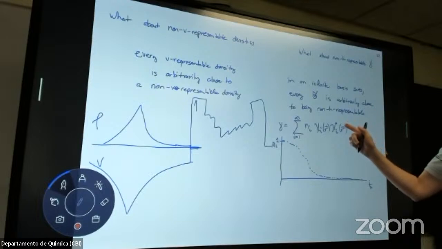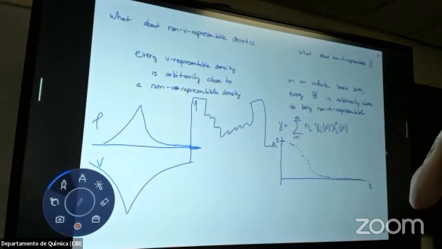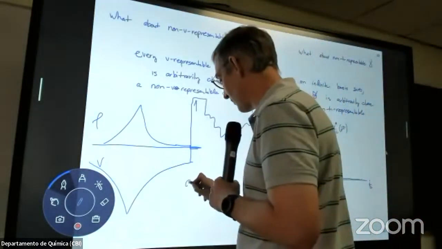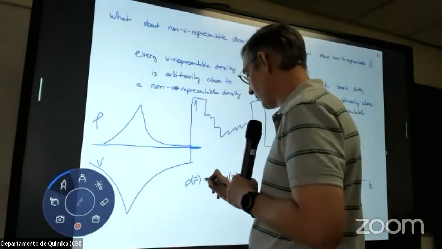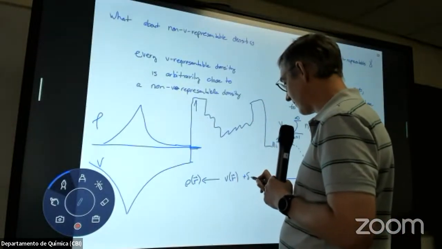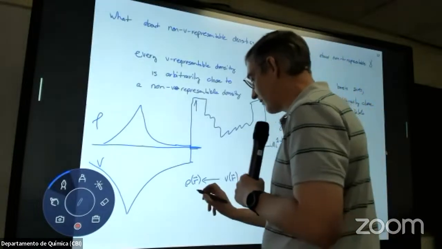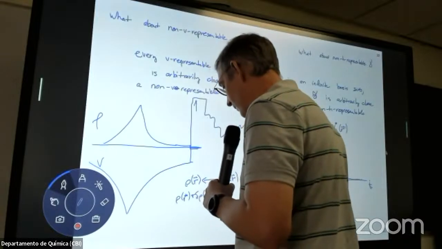This functional seems to be even nastier than the density functional, in the sense that for density functional theory, it seems that if you give me a random density, it's usually pure state V representable. And that's nice, right? Because if I give you a density that's pure state V representable, so there's a V of R that gives me a rho, then I go to V plus delta V of R, then that will give me rho of R plus delta rho.